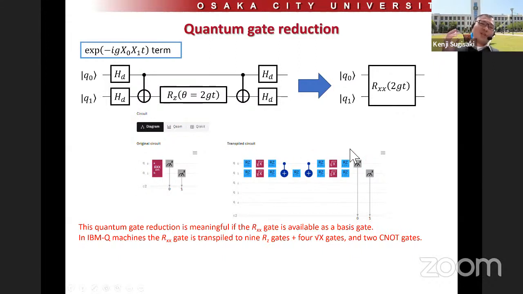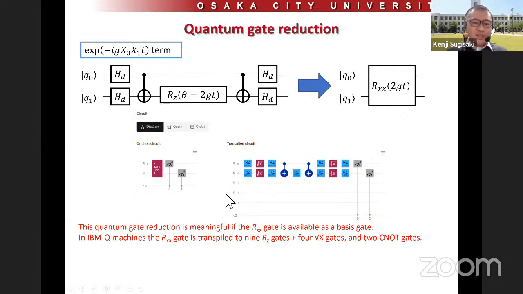So in this case, the original quantum circuit is written by using just a single RXX gate, but the transpiled quantum circuit is just this quantum circuit. So this kind of quantum gate reduction is meaningful if the RXX gate is available as a base gate, because on the IBM Q machine, the RXX gate is not applicable directly.